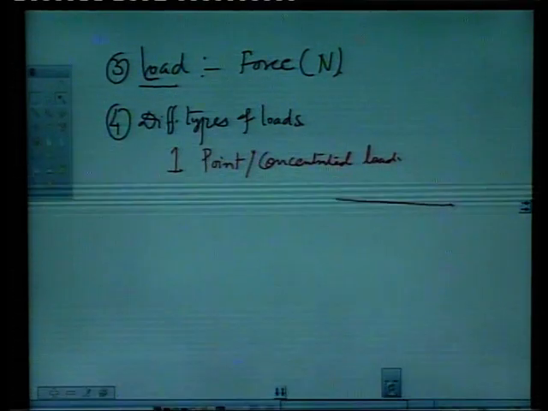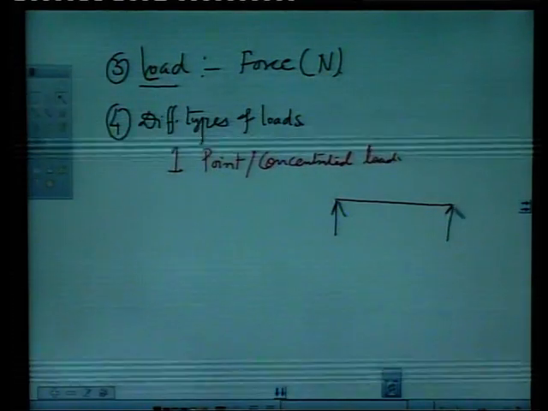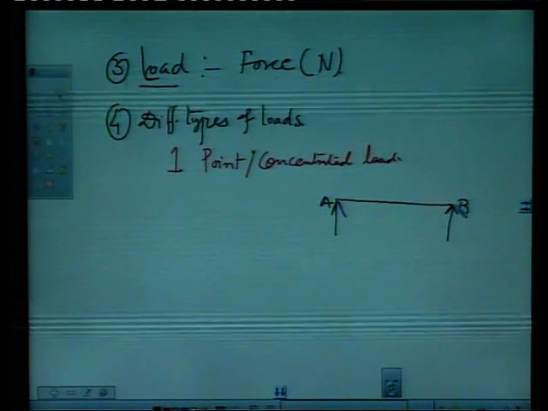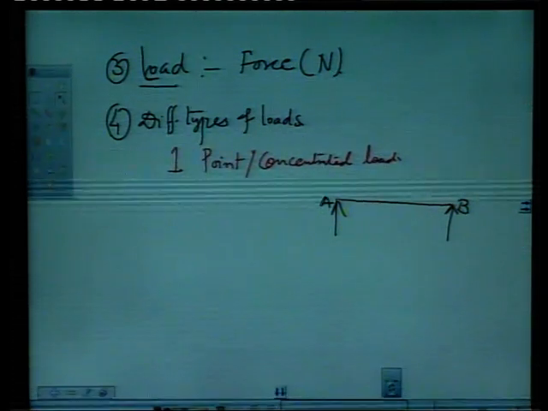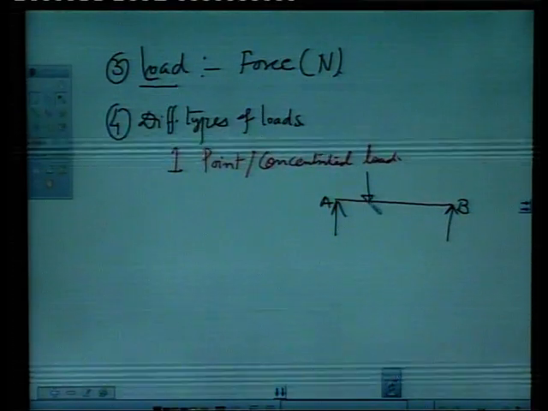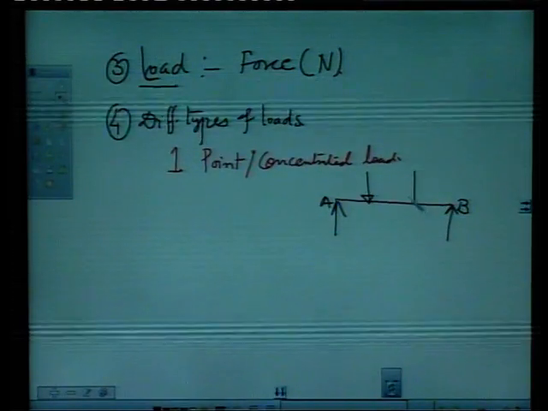On this beam, say this is a simply supported beam, this is end A and this is end B, with supports at both ends. When we apply the load only at one point, it is called a point load or concentrated load.